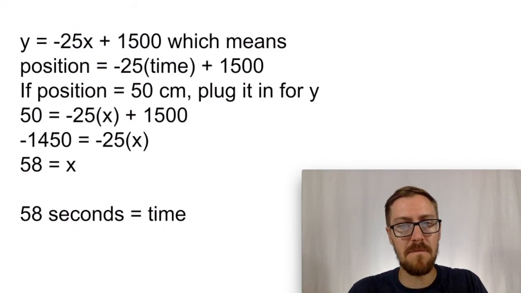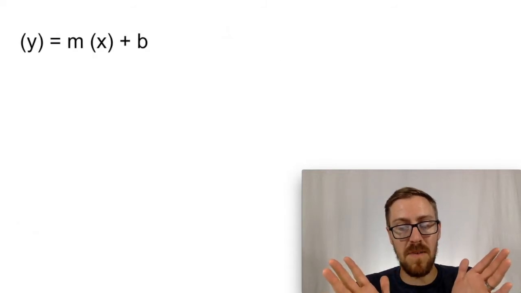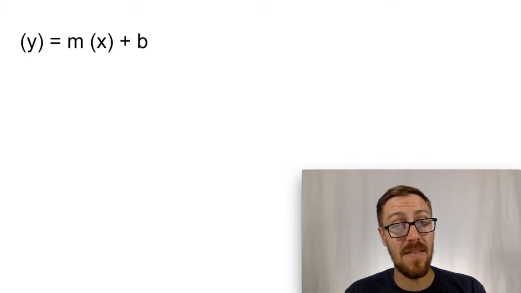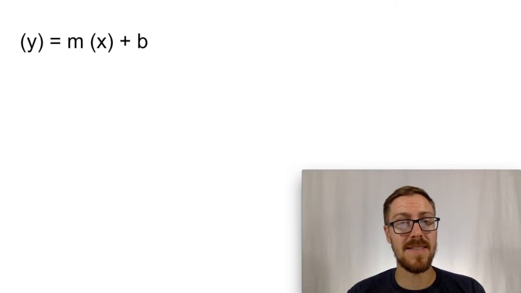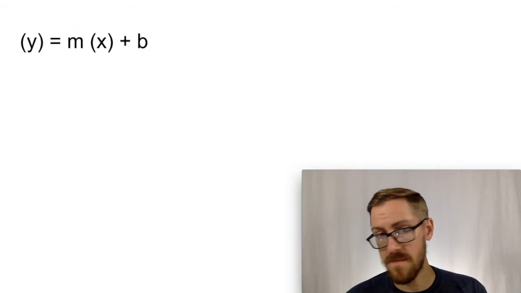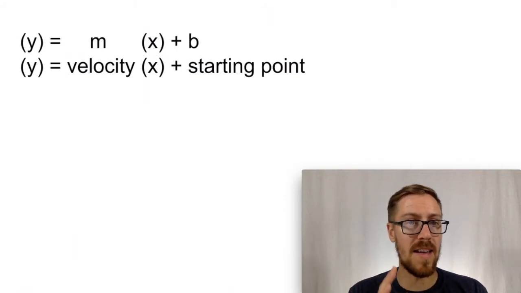So here's the general overall conclusion of where we went with this. We all know y equals mx plus b, the slope and the y-intercept, the m and the b. In this case, that m is the velocity, and that b is the starting point. So we know y equals velocity times x plus the starting point.